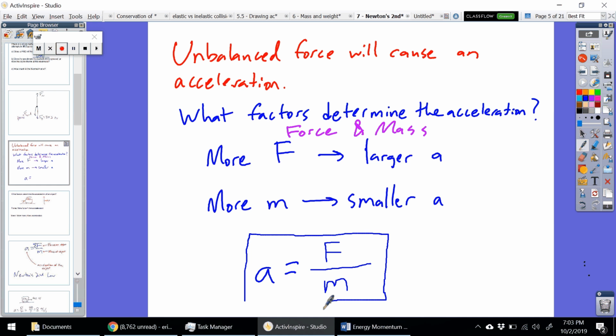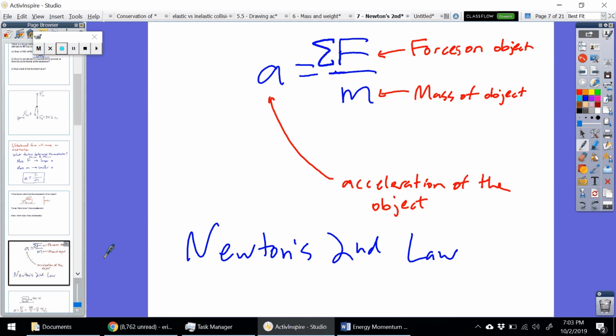So hopefully this relationship here makes sense. A equals F over M, all right? This relationship is called Newton's second law, okay? We already talked about Newton's first law, which was just saying that forces cause acceleration. Newton's second law is actually an equation that codifies exactly how you calculate the acceleration and introduces this idea of mass into the relationship.